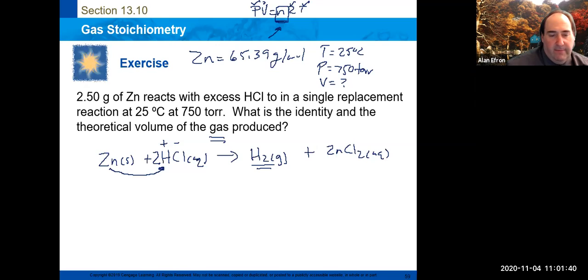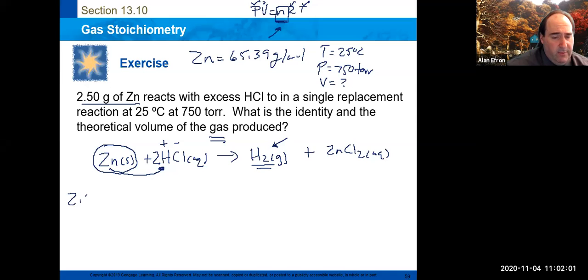The other piece of information we're given is 2.5 grams of zinc. So that's this guy over here. And ultimately, we're not really interested in that guy. We're interested in the only gas that's there, which is the H2. And again, this tells you it is a stoichiometry problem. So we're going to take what they gave us and convert it into moles.